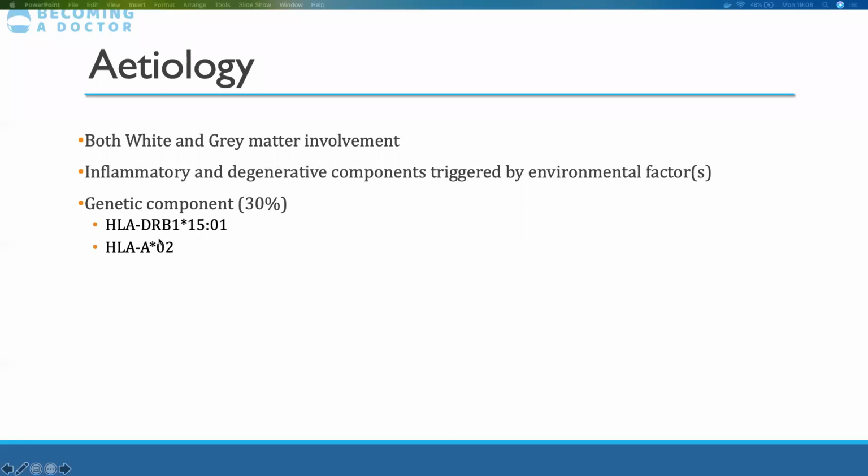This allele over here is said to be associated with protection from the disease. And other things that are associated genetically with it are the IL-7 receptor alpha and IL-2 receptor alpha.